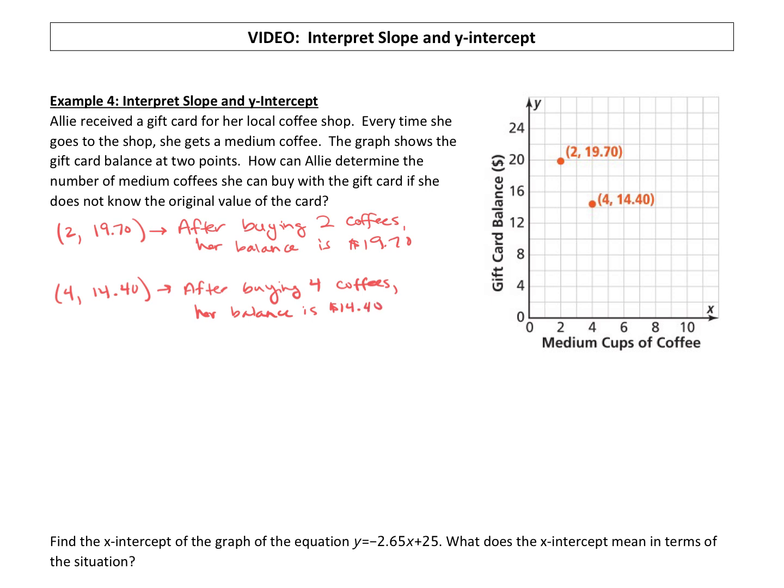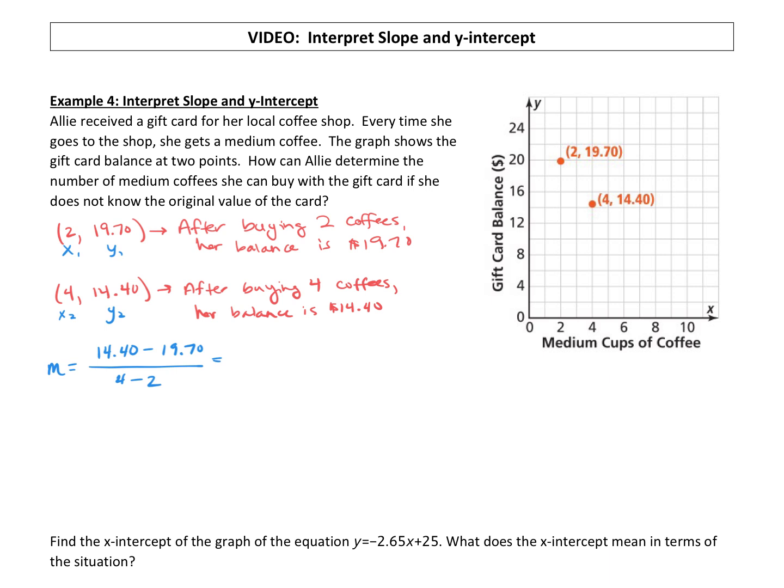All right, so the next thing we're going to do is find the slope between those 2 points. So slope is y2 minus y1. I'm going to go ahead and label x1, y1, x2, y2. So y2 minus y1 is going to be 14.40 minus 19.70 over x2 minus x1, 4 minus 2.